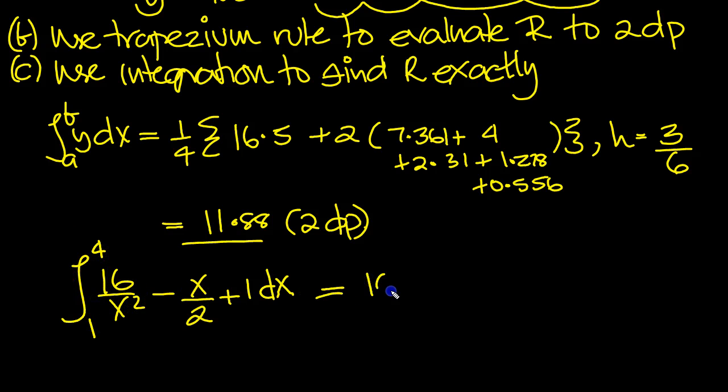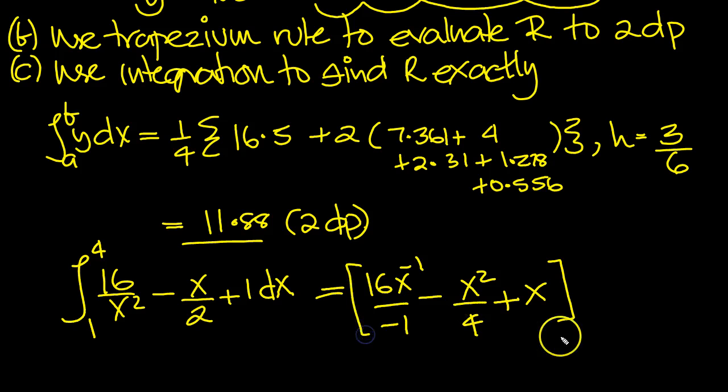It's a power rule, so it's 16x to the minus 1 over minus 1: increase the power by 1, divide by that number. Minus x to the 1, so that's x squared over 2, which is over 4. Plus 1 integrates to 1 lot of x. And we're evaluating that between 1 and 4.